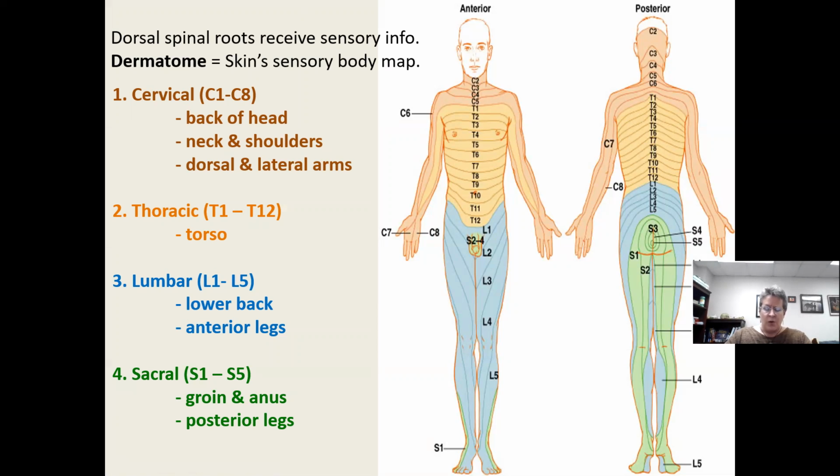Lastly, the sacral region of the dermatome provides sensory perception for the groin and the anus and the back or posterior of your legs. Okay, so this back part of the spinal cord, the dorsal part of the spinal cord, is your dermatome, and it's based on what cervical region are you in.